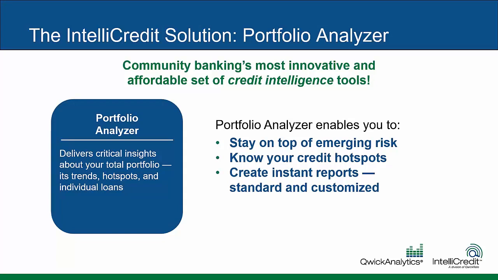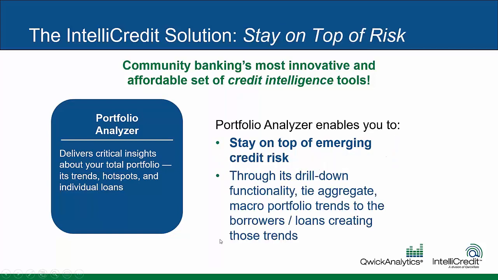The Portfolio Analyzer, again, answers three of these key attributes, and that is the ability to stay on top of your emerging risk, knowing where these unique credit hotspots are, and your ability to create reports for one-off management issues or for your standard board report packaging.